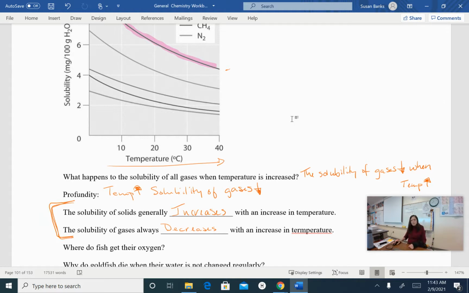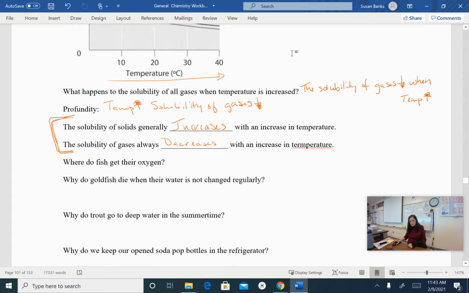So how many of you guys actually go out and go fishing? Okay? If you've ever gone fishing, when you get a fish up out of that lake or that river or that stream, how do those fish actually get their oxygen? They have gills on the side of their head, don't they? And those gills allow them to transfer oxygen from the water into their lungs.